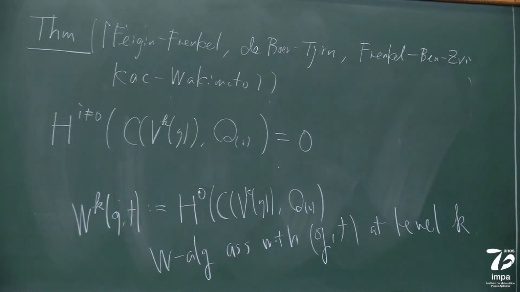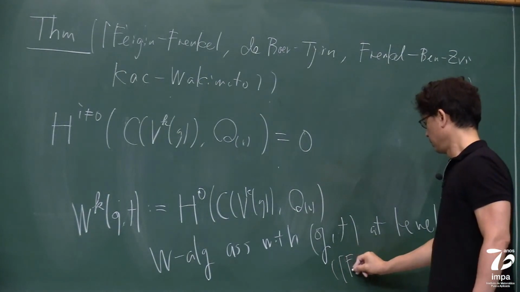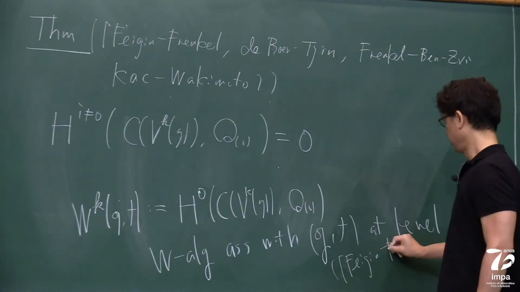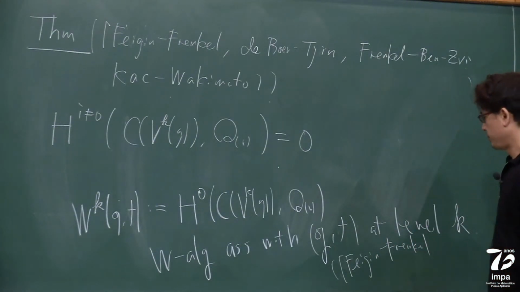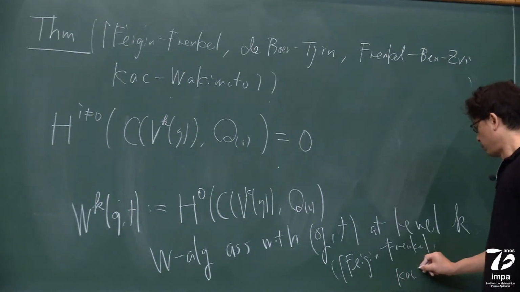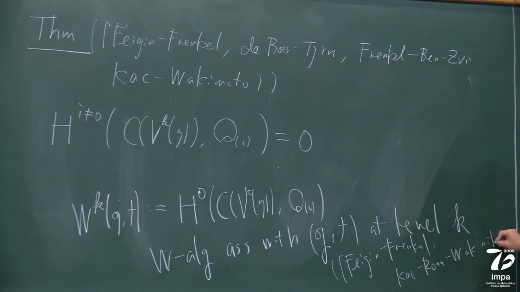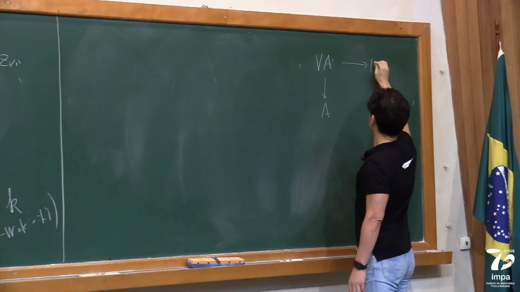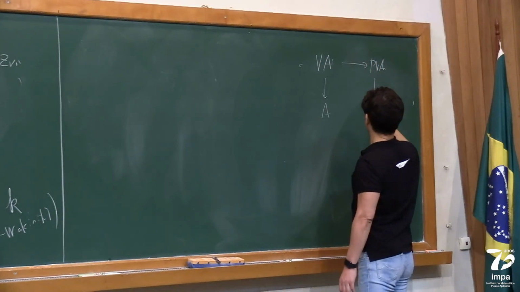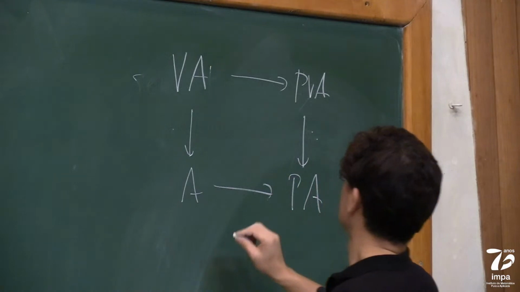Yeah, so this definition was found by Feigin and Frenkel for principal nilpotent element, and Kac, Roan and Wakimoto in general. Now, you have this nice diagram: vertex algebra, Poisson vertex algebra, Poisson algebra.